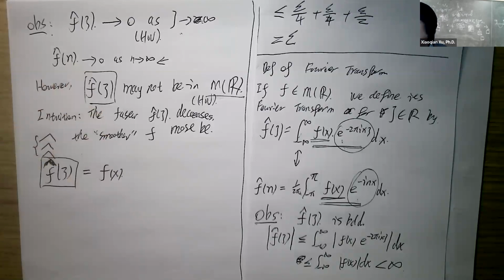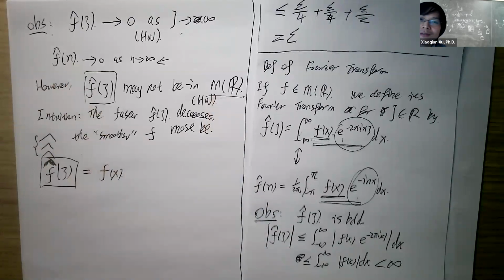So maybe if we try to modify our function space, what we want is, okay, your function must decrease as 1 over x squared. Moreover, your function must be twice differentiable, right? In that case, you can see that at least the Fourier transform may decay as 1 over ξ squared. It may have this decay property.